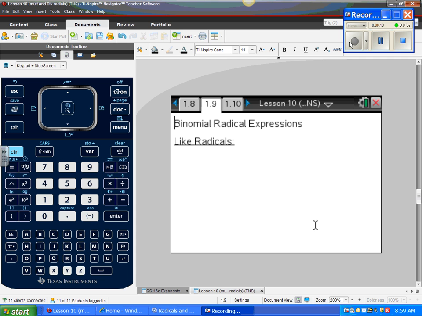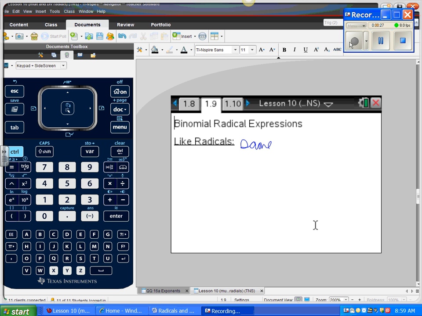Okay, so what are like radicals? What do they have to have in common? Same index, same radicand. Good. So an example of a like radical would be cube root of 3 and the cube root of 3, right?